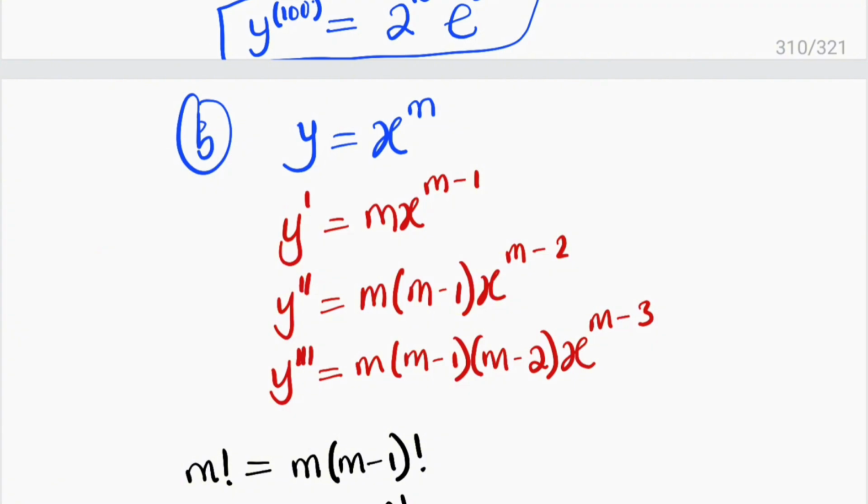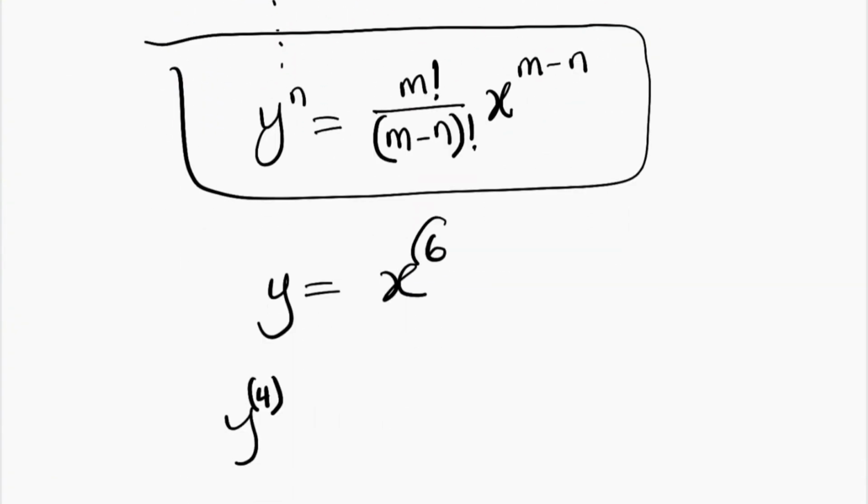So I'm going to replace that m with 6, right? So in here, we have this to be equal to m factorial, which is equivalent to 6 factorial, divided by m, which is still 6, minus n, which is 4, right? Then x raised to the power of what? m minus n, that is 6 minus 4.